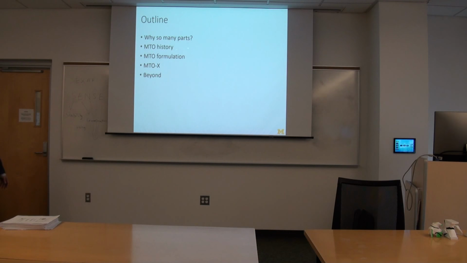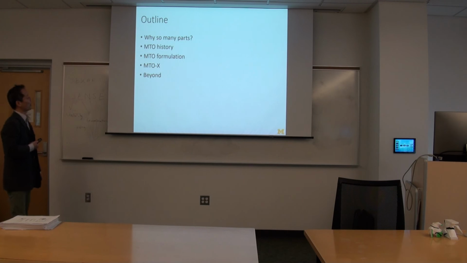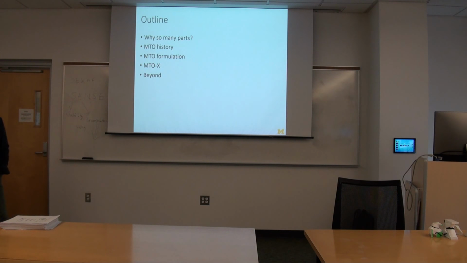Then a little bit of academic history of what has been done in this area to incorporate multi-component aspects into topology optimization. And then the formulation we introduced to enable multi-component design within the computational framework of topology optimization.